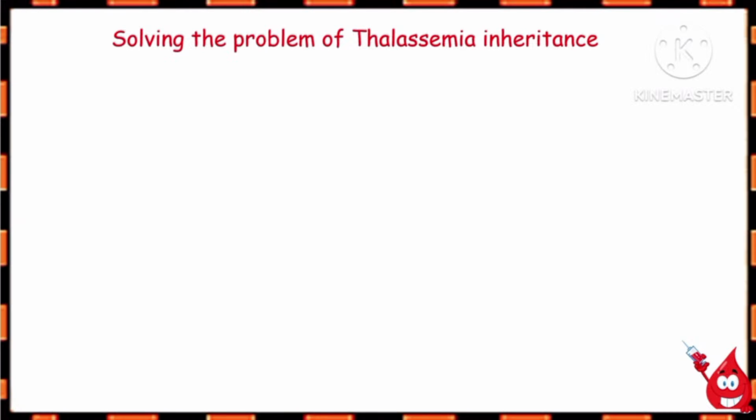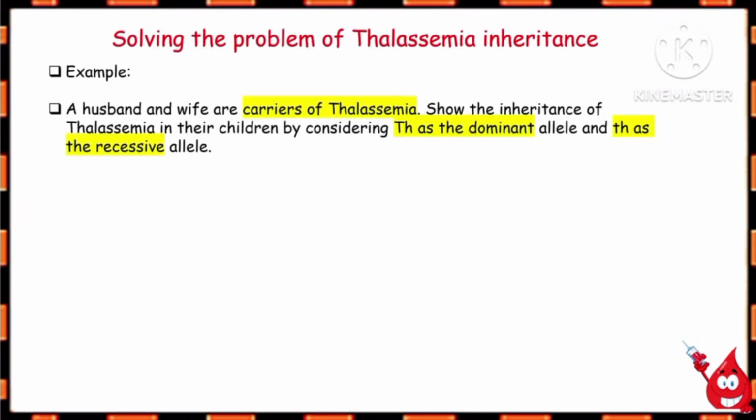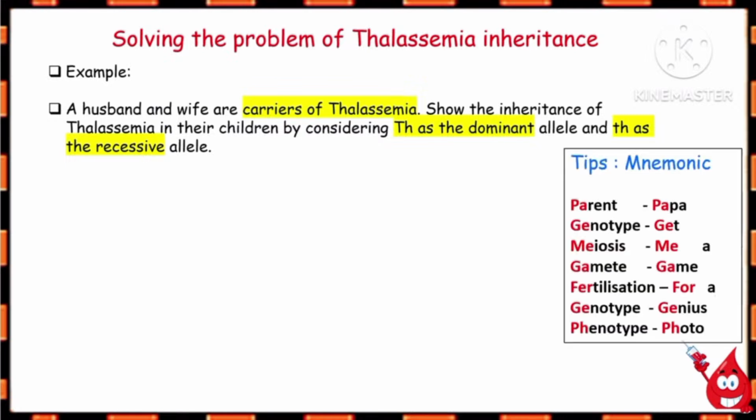Okay students, let's try to solve another problem of thalassemia inheritance. The question: a husband and wife are carriers of thalassemia. Show the inheritance of thalassemia in their children by considering TH as the dominant allele and small th as the recessive allele. Okay, so do you still remember the mnemonic?